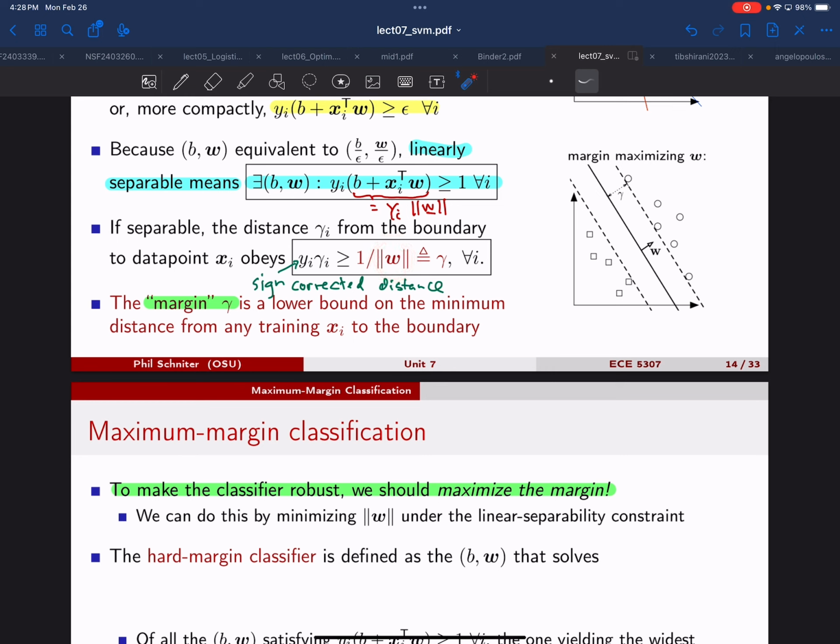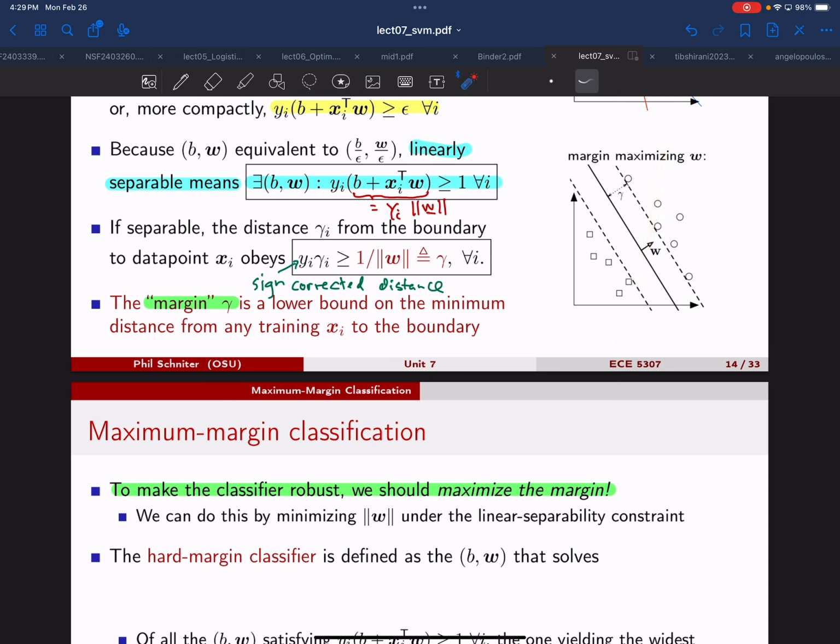Minimizing this will maximize its inverse, which is the margin. Of course, that only makes sense if I'm making a linearly separable classifier. If I start to put my classifier over here, that no longer makes any sense whatsoever.